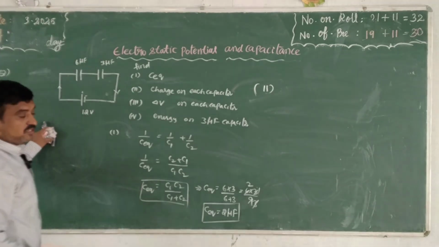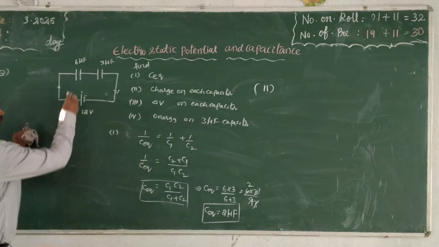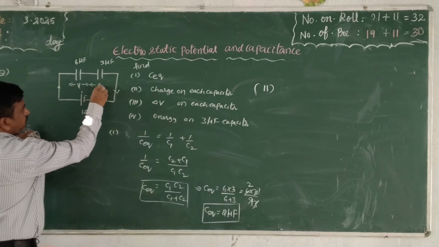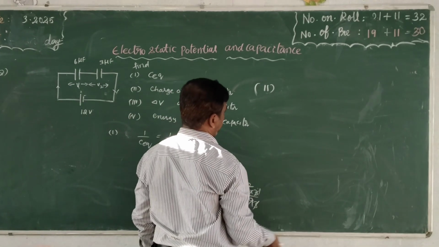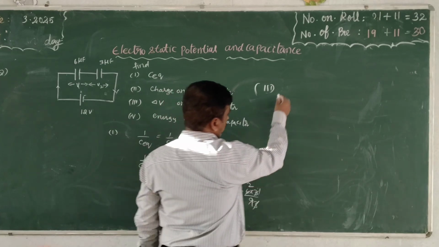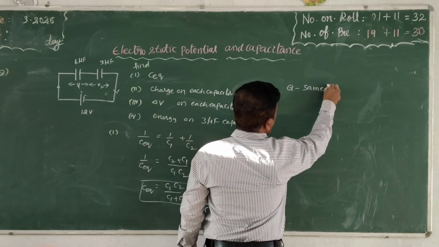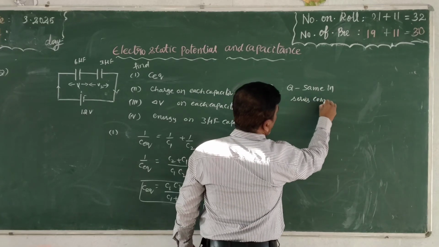In series combination, potential is divided and charge is the same. So before that, we can write the third one first: the charge Q is the same in series combination.